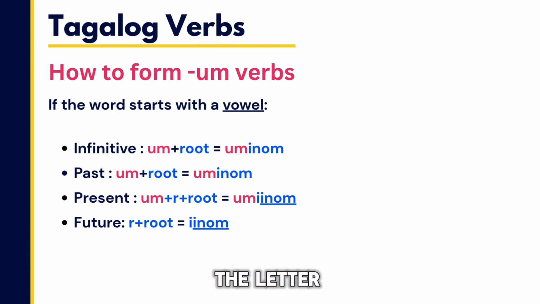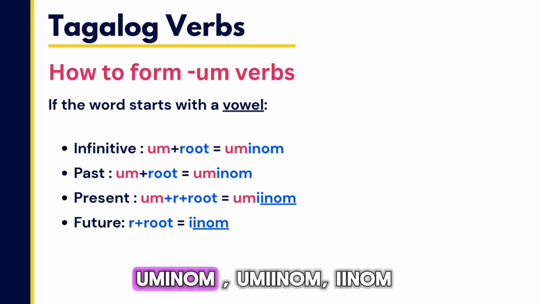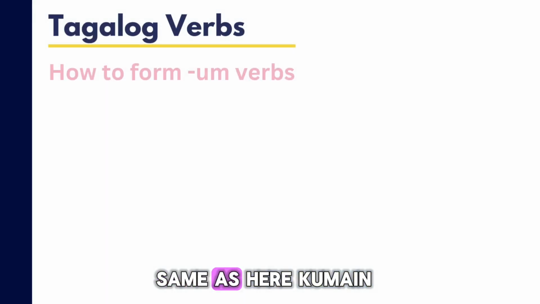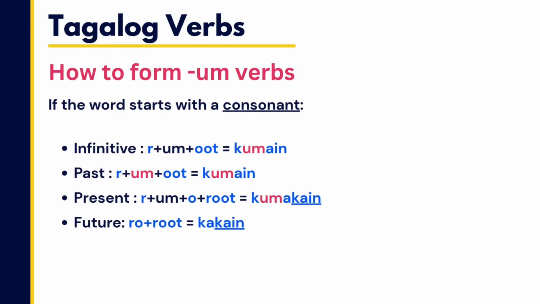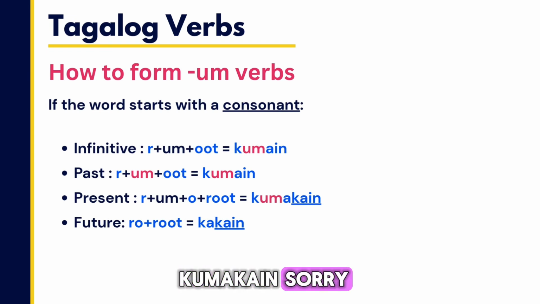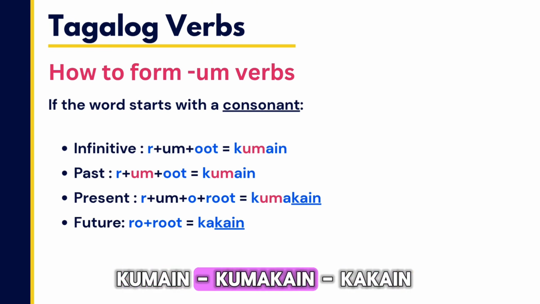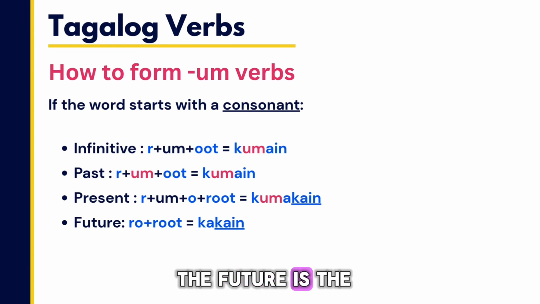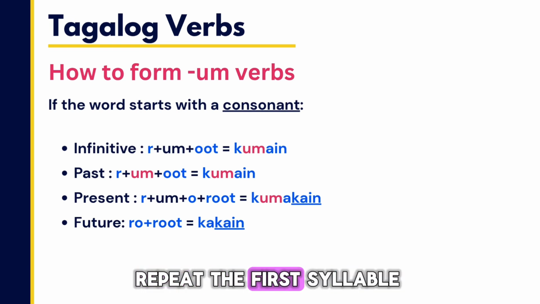This is not really the letter, but this is like an open syllable since i is like one open syllable. So umiinom, and then future is iinom. Let's review. It's uminom, uminom, umiinom, iinom. Same as here. Kumain, kumain, kumakain, kakain. The future is the easiest one. You just have to repeat the first syllable.